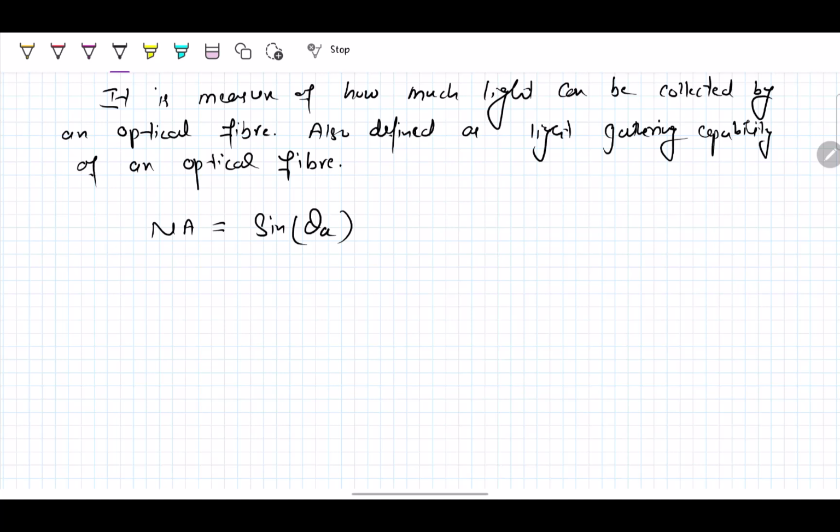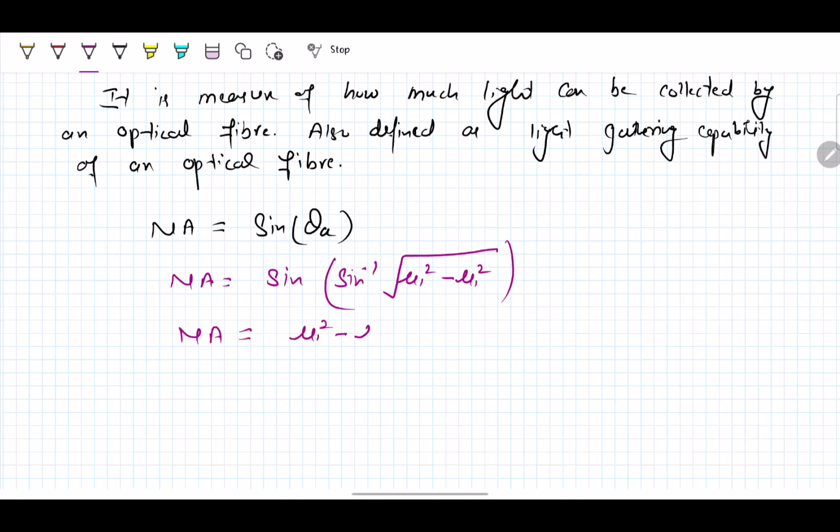The acceptance angle we have just figured out. And this will give you numerical aperture equal to sine of acceptance angle, which is sine of sine inverse of the square root of mu_1 squared minus mu_2 squared. And here sine inverse and sine are going to be cancelled out. Numerical aperture will be the square root of n_1 squared minus n_2 squared.